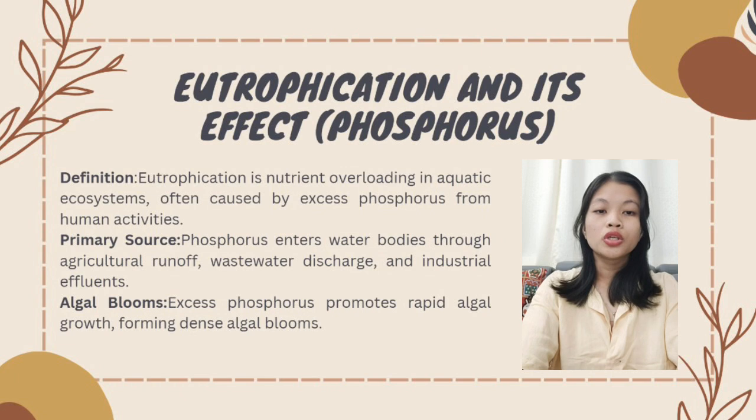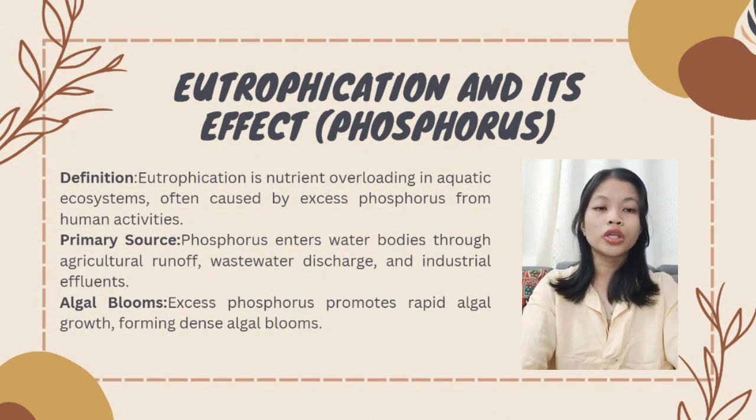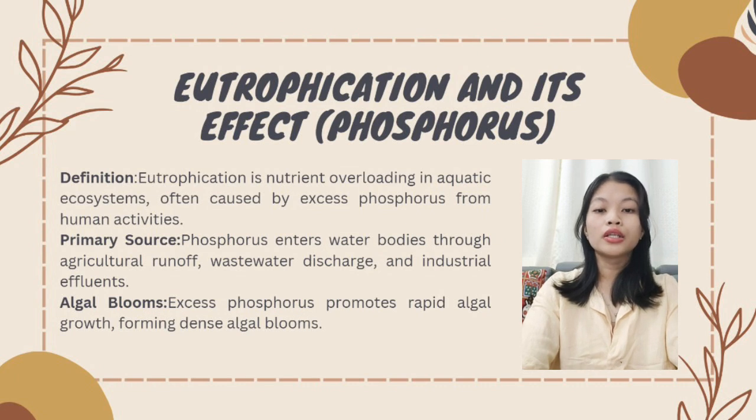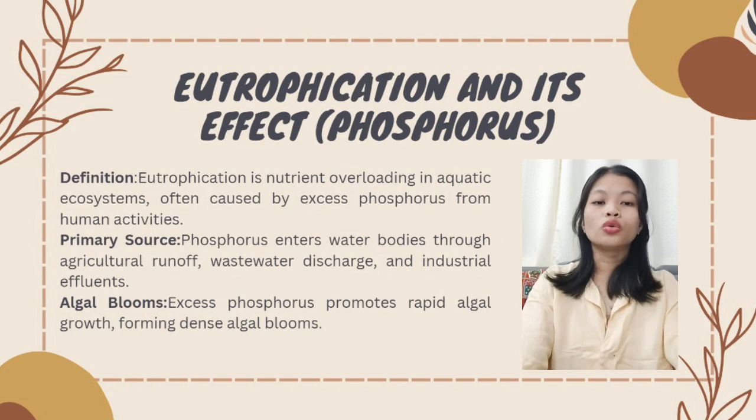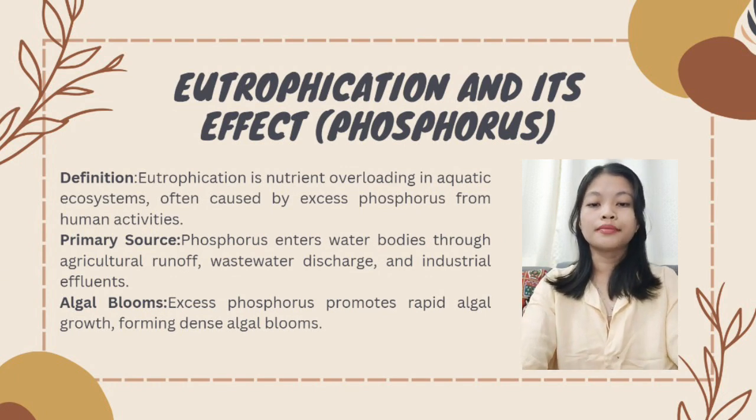Over time, eutrophication can cause significant biodiversity loss, disrupt the food chain, and degrade water quality, making it unsuitable for drinking, recreation, or other uses. It also contributes to the formation of dead zones, large areas in oceans or lakes where aquatic life cannot survive, posing a serious threat to global aquatic ecosystems.